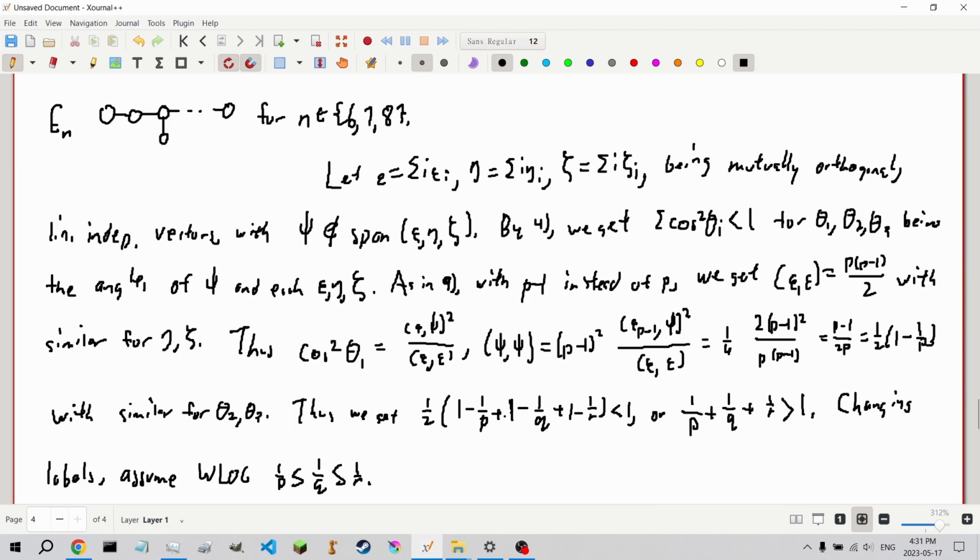Which is actually going to be less than or equal to 1/2, and if any of p, q, r is 1, we get just case A_n.